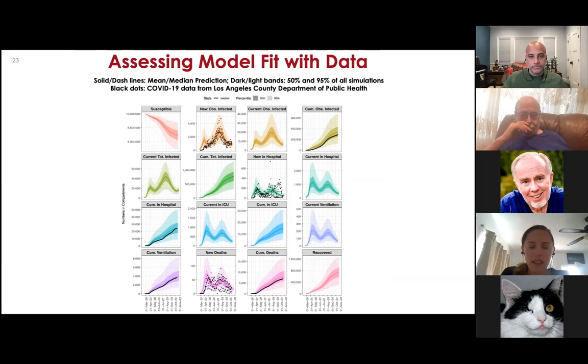Sometimes you see these dots and it looks like there's no trend. The dots represent data coming from the county health department. Dave, you probably mentioned that we get this daily email digest, and it looks like just a bunch of dots, but we can see a trend in that, and that's the value of the model. This is the classic eyeball test.